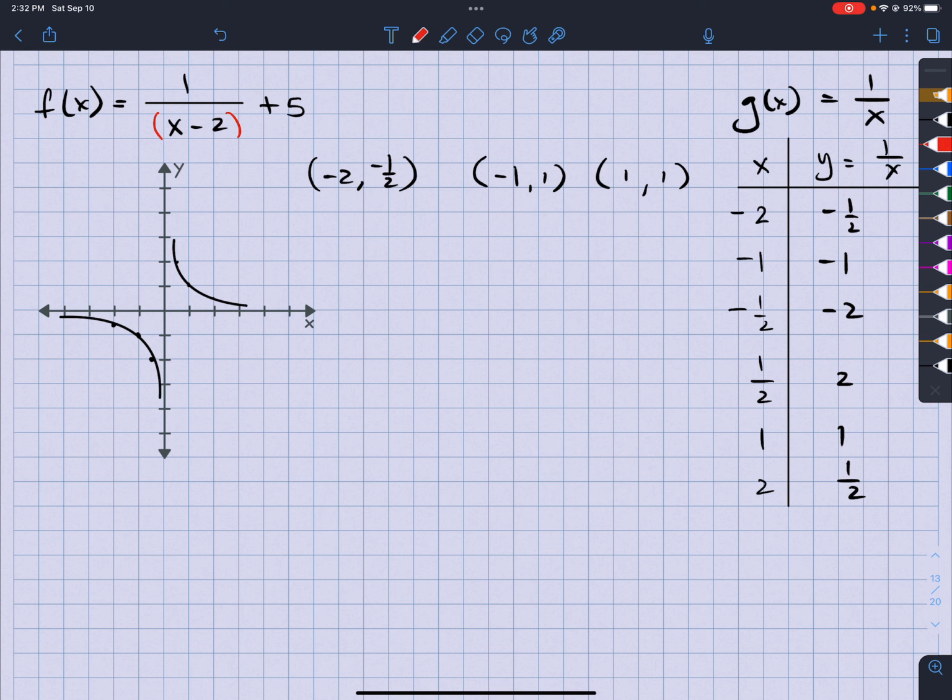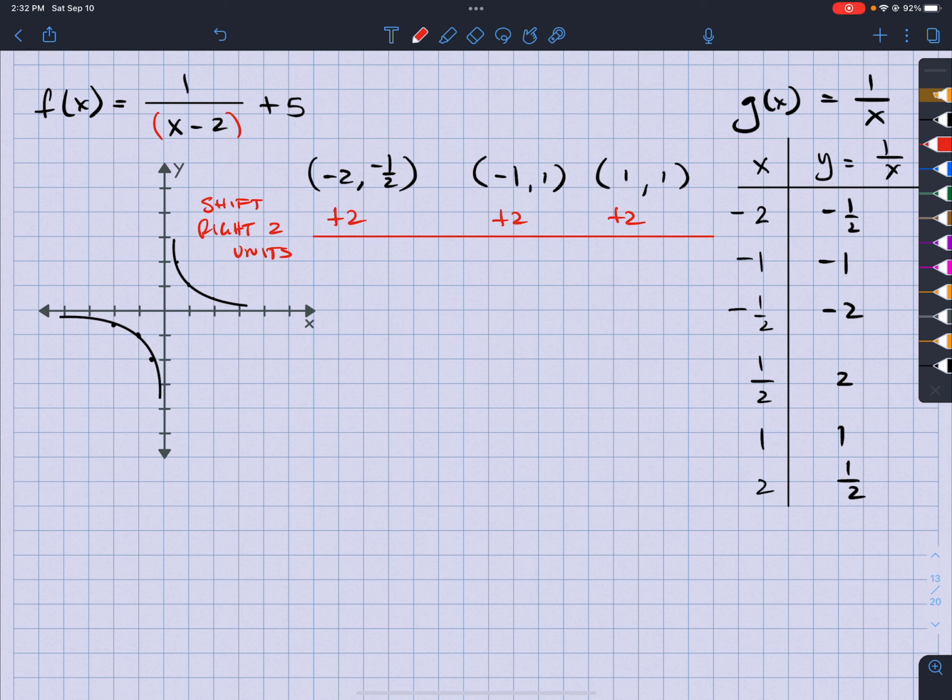So the first thing it tells me to do is a shift right 2 units, okay? Because everything inside the parentheses is backwards, right? And it only affects the x value. So since it is -2, I have to add 2 to the x value.